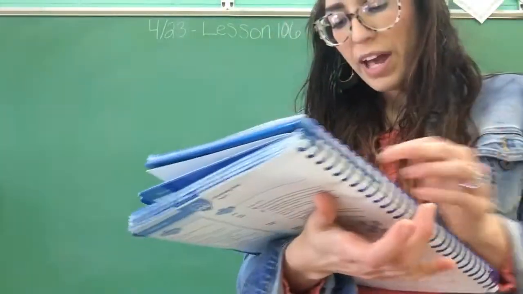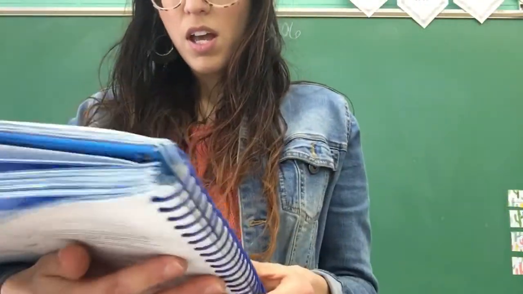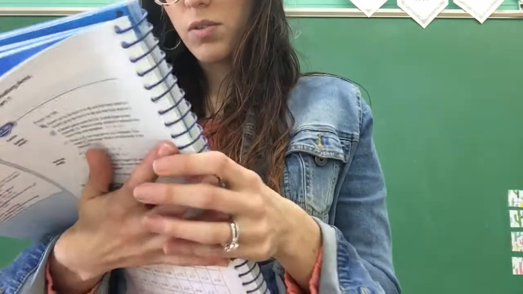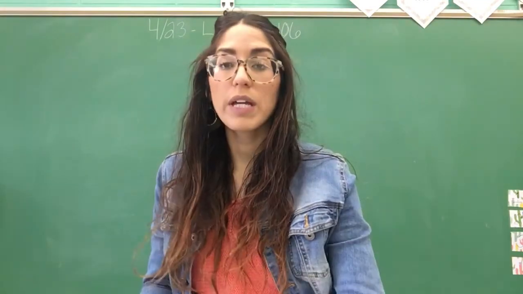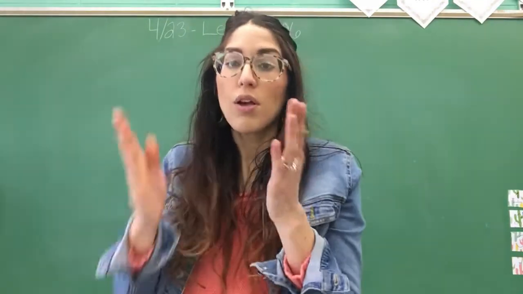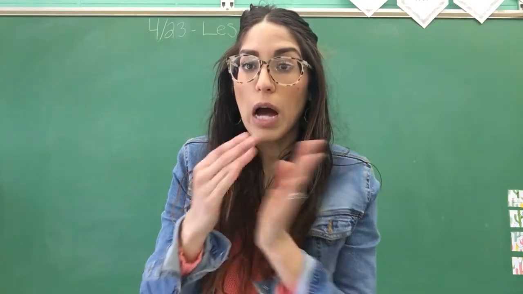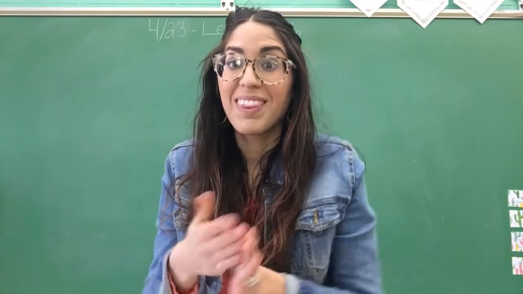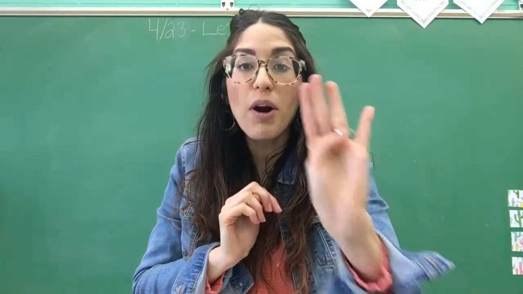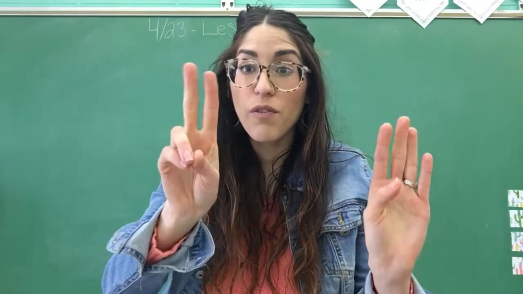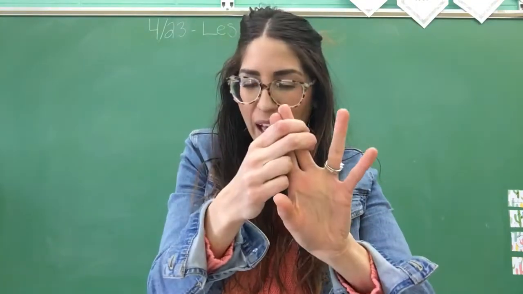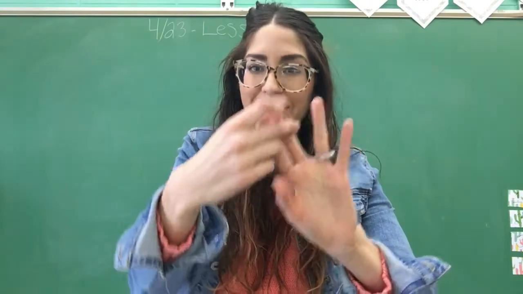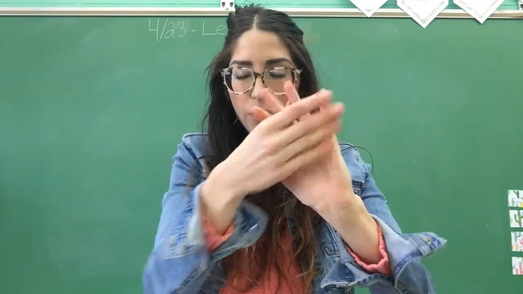So if we have 10 whole squares and then 4 half squares, those can be equal to what? So the half squares can be equal to how many whole squares? That's right, 2. So 4 half squares are equal to 2 whole squares, because a half and a half is a whole, a half and a half is a whole, right?